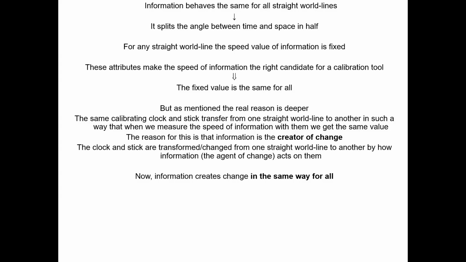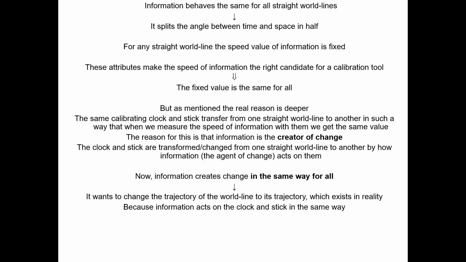Now, information creates change in the same way for all. It wants to change the trajectory of the world line to its trajectory, which exists in reality. So it doesn't matter what world line it encounters, it always wants to change its trajectory to the trajectory of the information track. This means that because information acts on the clock and stick in the same way, when we use the clock and stick with our assumption, they reflect this.